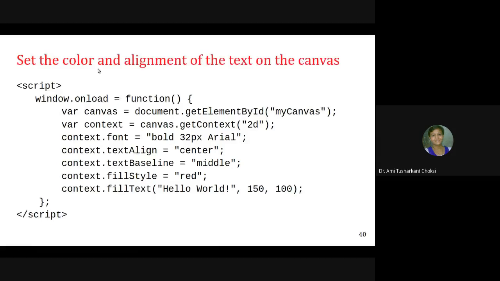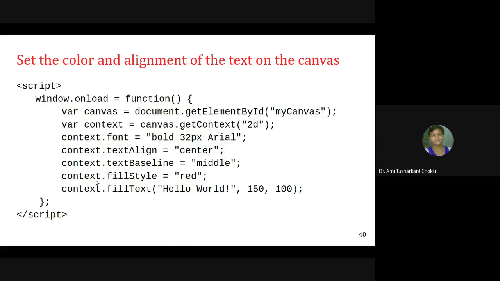Set the color and alignment of the text on the canvas. So what to do? Variable canvas is initialized, variable context is initialized, context dot font, that is bold 32px, that is the size, and Arial, that is the font name. After that, context dot text align is equal to center, context dot text baseline is equal to middle.